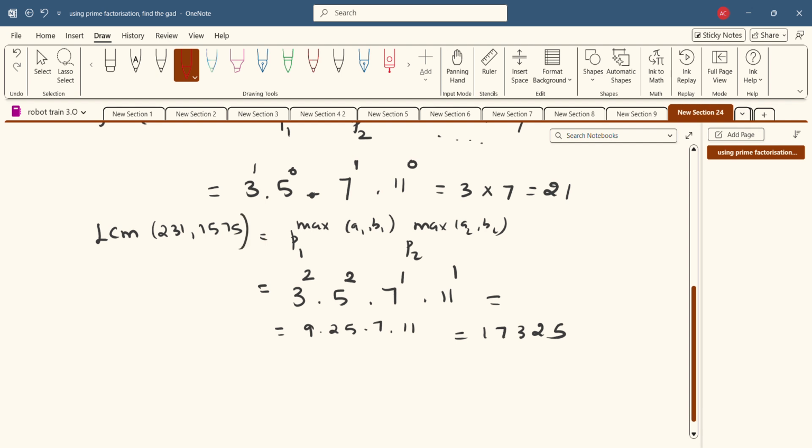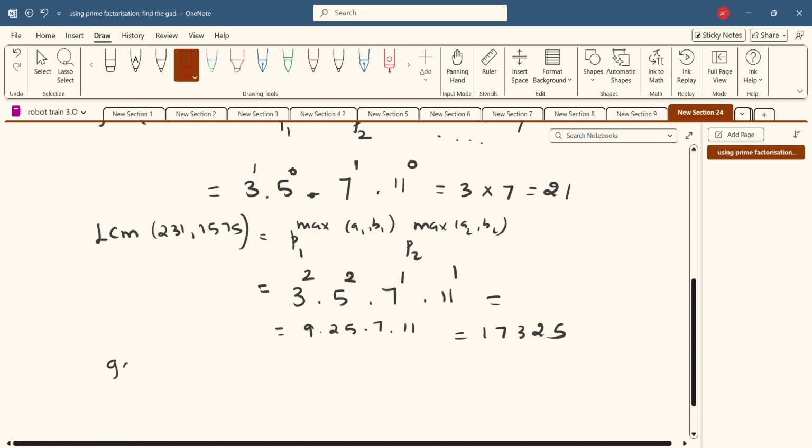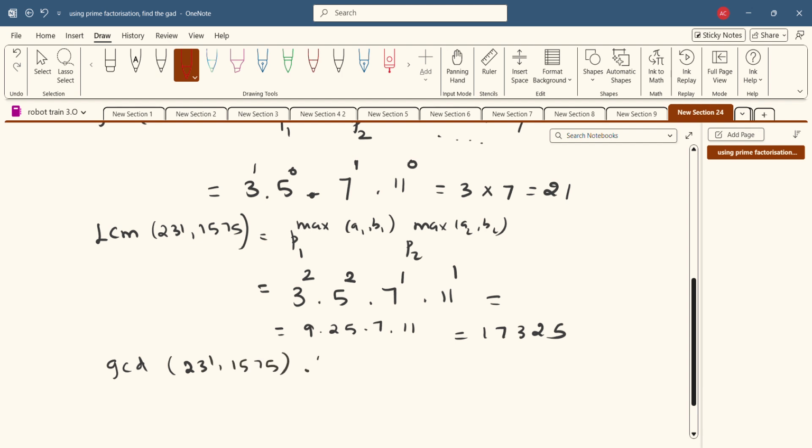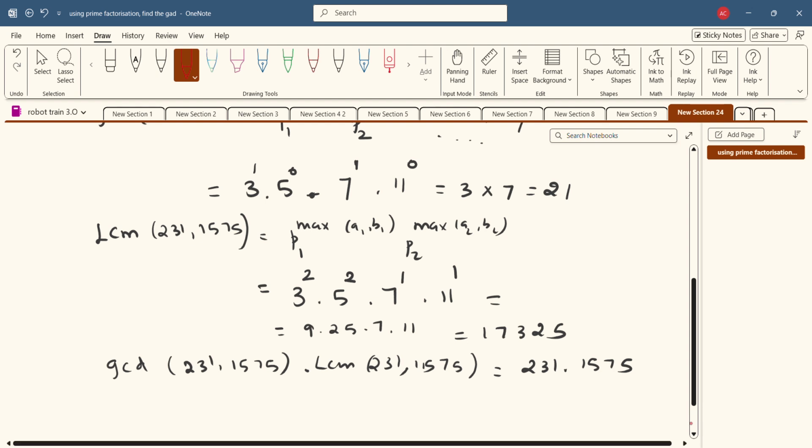What about the second part? We can verify that the greatest common divisor of m, n times the LCM of m, n is equivalent to mn, that is 231 into 1575. You have to verify whether you get the same answer.